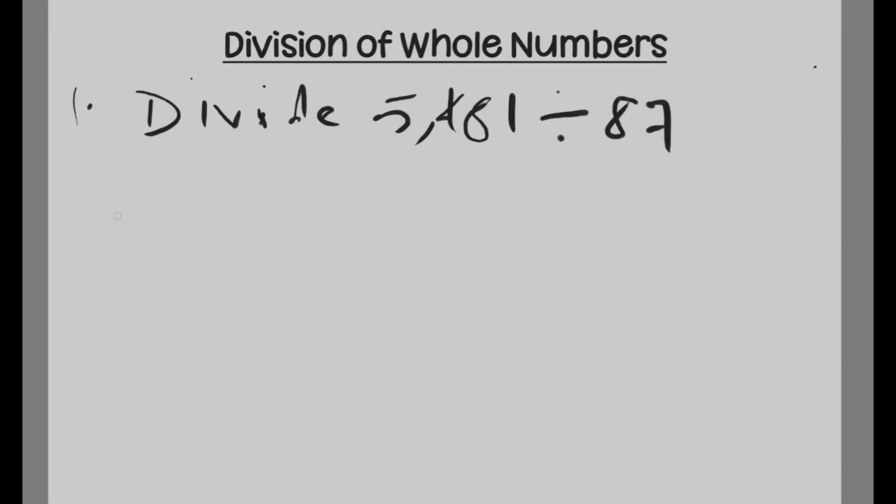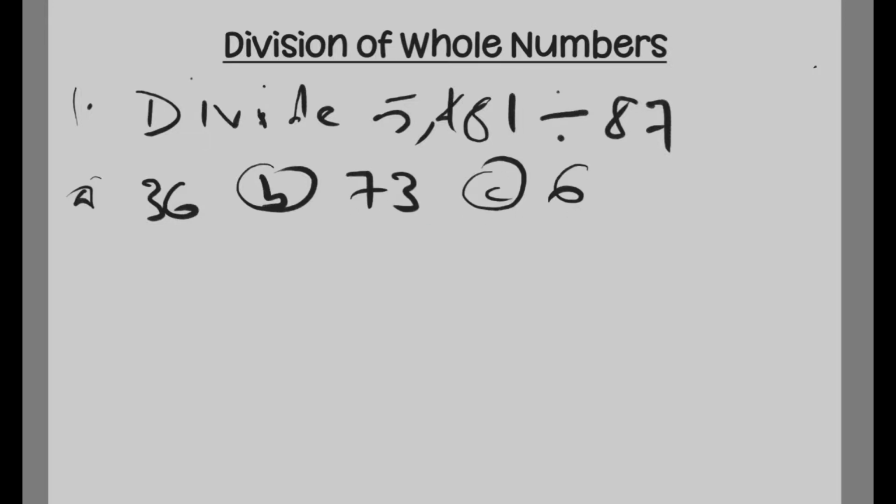Okay, that's a question, and you have option A is 36, option B is 73, option C is 63, and option D is 37 R 15. This R stands for remainder.